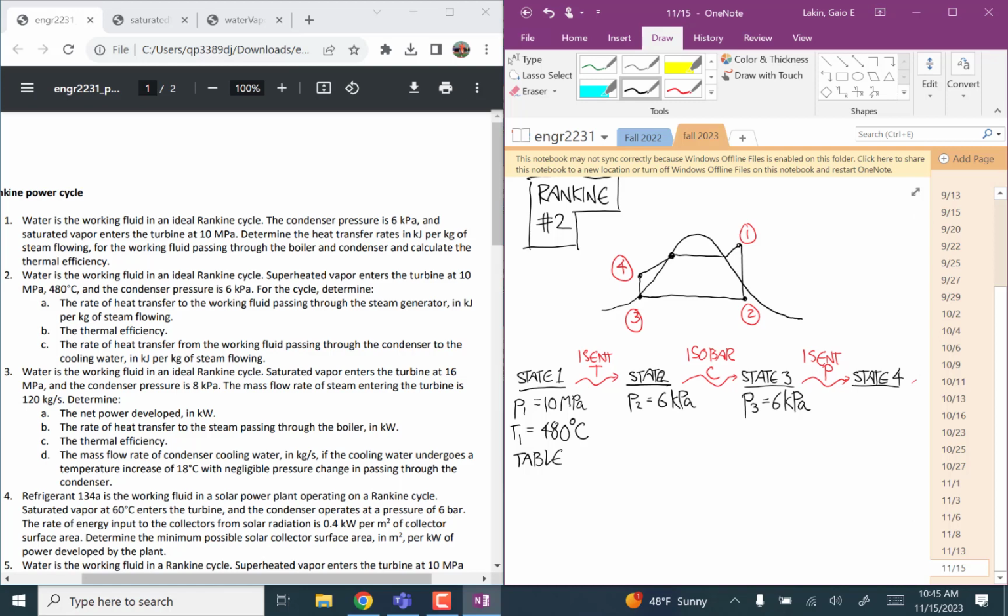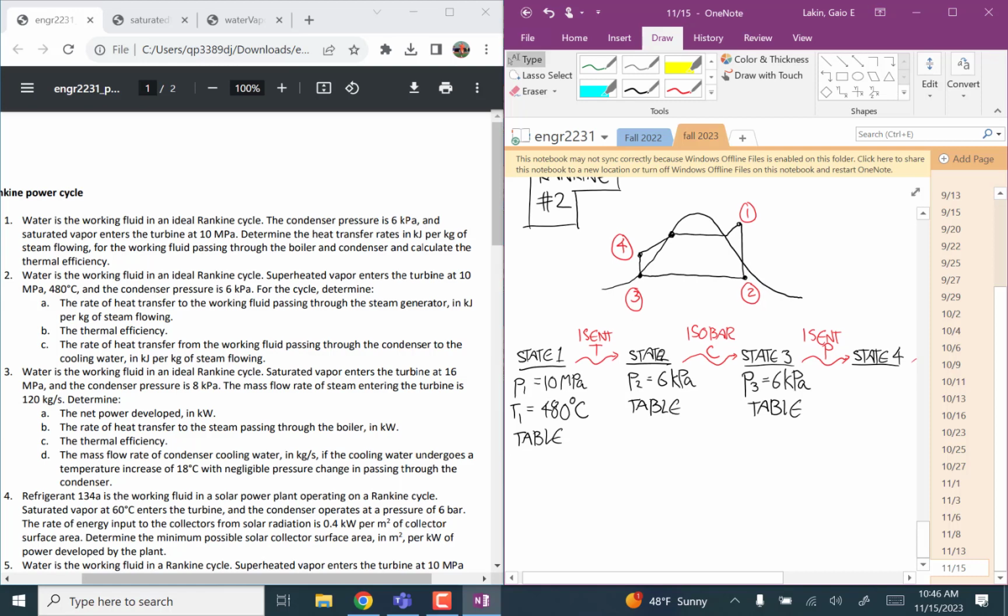Both of these are saturated, so we have enough information to look stuff up in the table here. State 2, though, is a mixture of liquid and vapor, so we're going to have to find the quality for that.